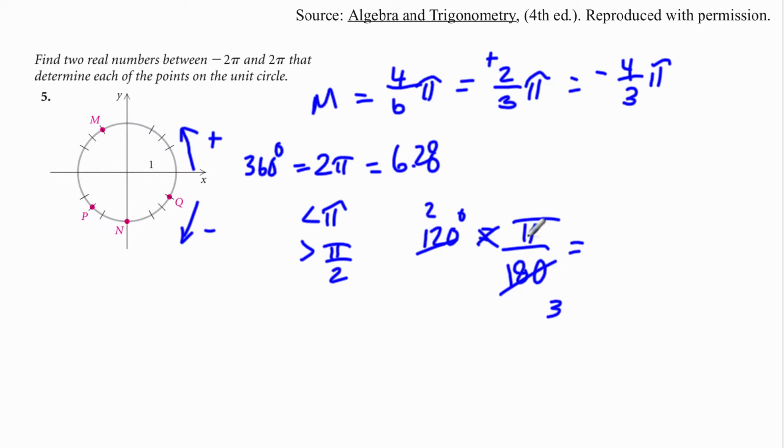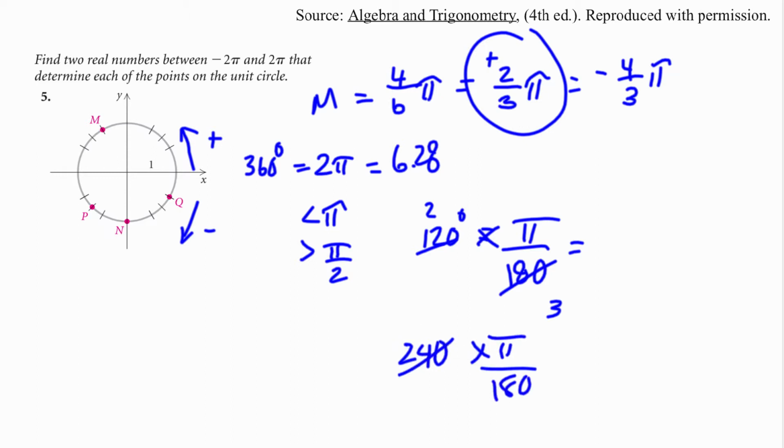So there's my 2/3 pi, like I had there. And if I went backwards, it'd be 180 plus 60, or 240 degrees, and I could do the same thing, multiply it by pi over 180. 60 goes into there 4, 60 goes into there 3. Since I'm going backwards, that would be negative 4/3 pi.